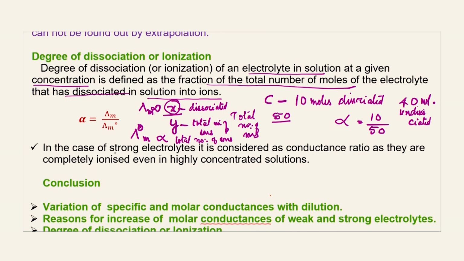But this is the case when we consider a weak electrolyte. In the case of a strong electrolyte, as they are completely ionized in solution, you can't say that alpha is equal to lambda m by lambda 0 m, because lambda m is not proportional to the number of ions dissociated.